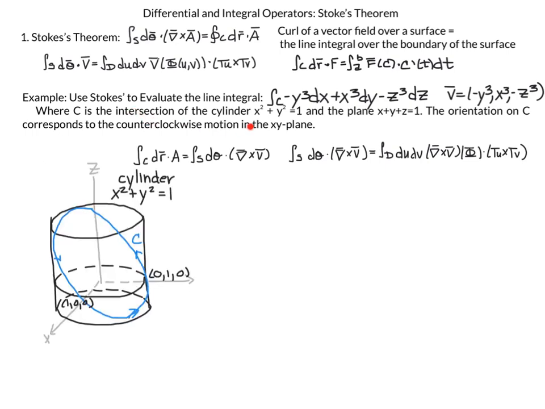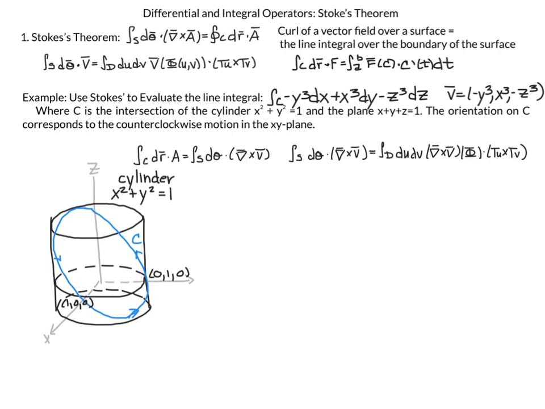Looking back at the problem then, we wanted to use Stokes to evaluate the line integral. So when someone says to me, use Stokes to evaluate the line integral, I assume they want me to use the other side of the equation. So the other side of the line integral equation is the surface integral.